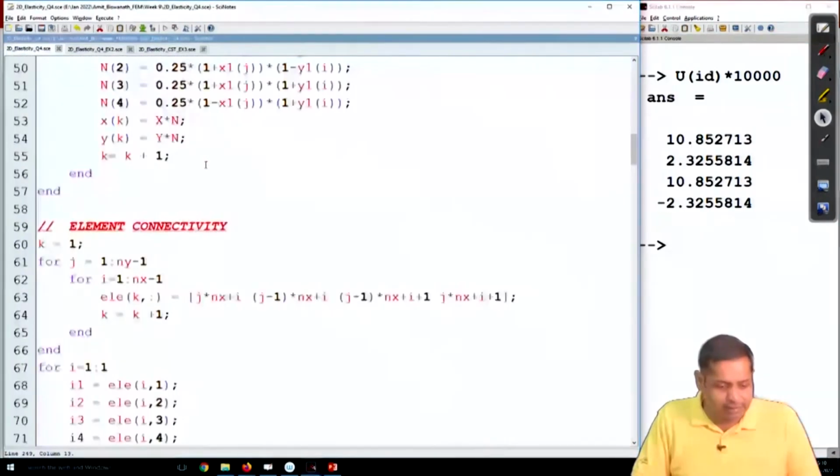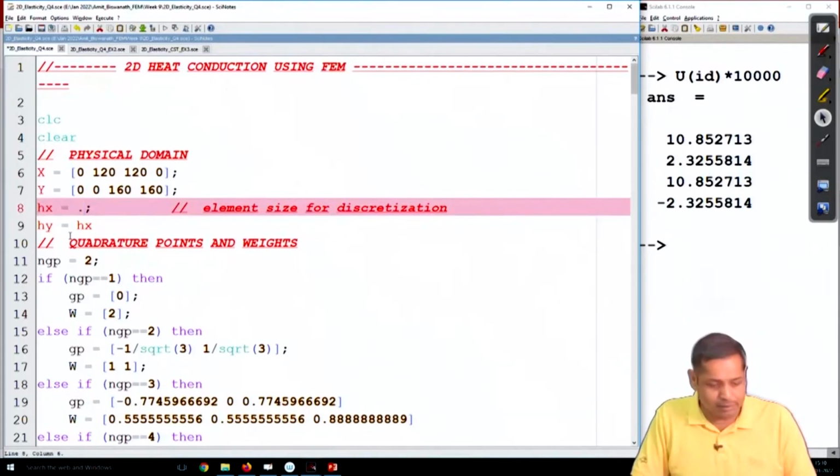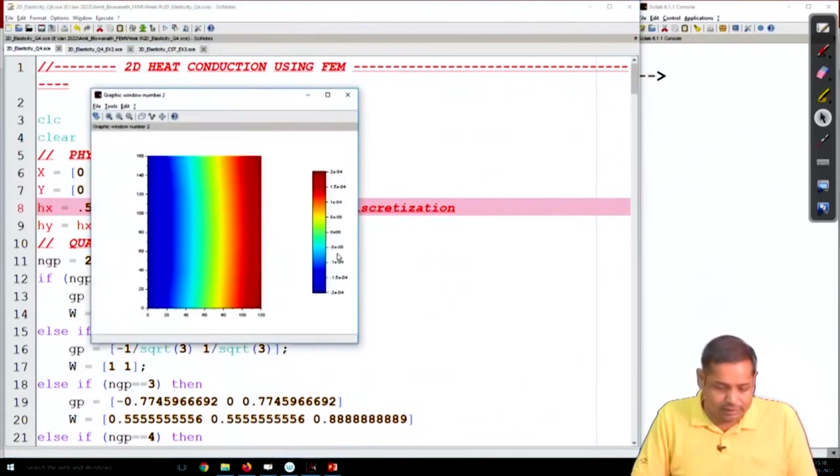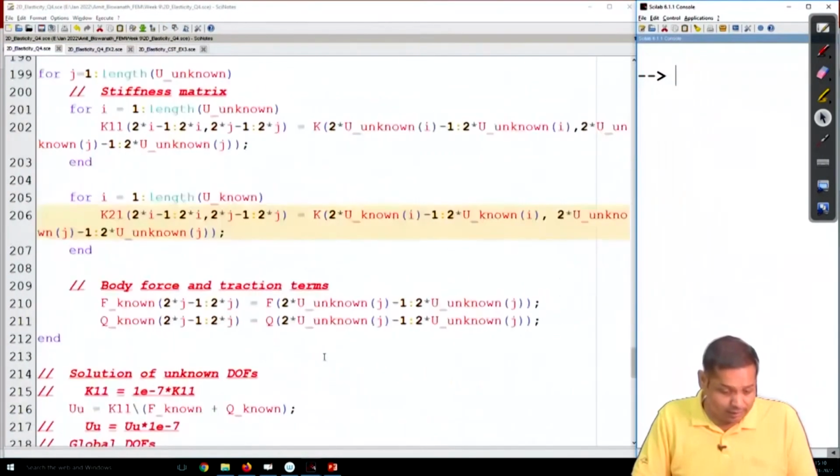Now we can increase the number of elements, say let's take 0.5, then this will be your discretization, and let's plot the discretization as well.